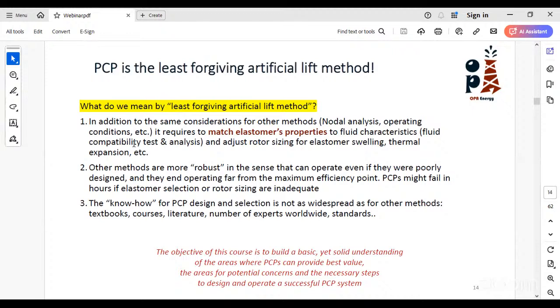As we have talked before, the stator has something inside that is called the elastomer. The elastomer is the rubber element. This elastomer should be selected very precisely and taken into consideration very importantly during the design of the PCP, because it is highly affected by very high temperatures, of course, and the aromatic content of the fluid that you produce.